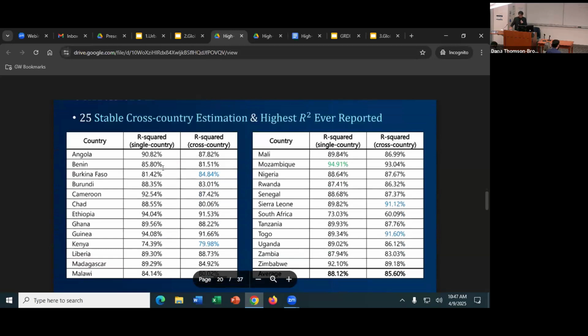After 25 repeated experiments, now I feel confident this cross-country estimation model works. And the most exciting and promising thing is that the cross-country estimation model is as good as single country estimation, and it's even better for some countries.